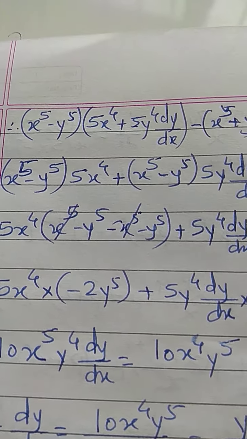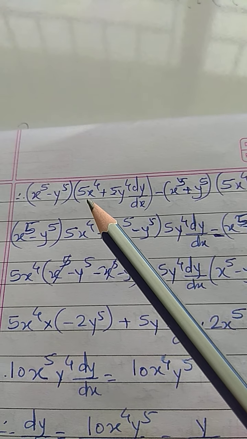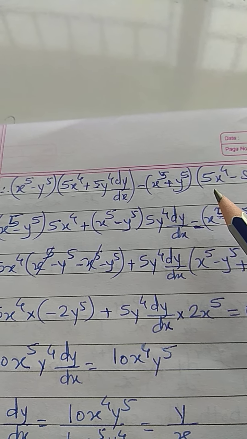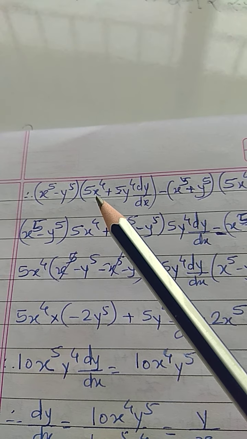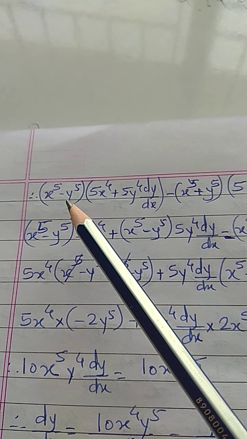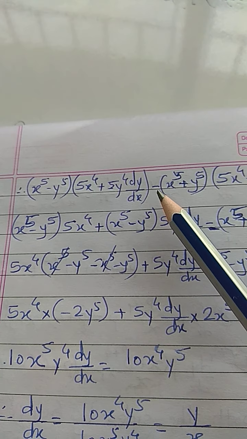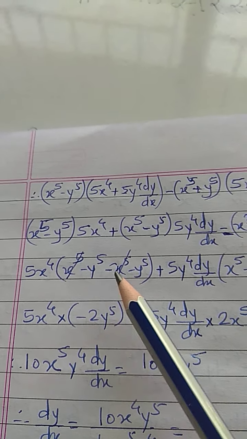Directly also you can do it. How you can do it directly? See here, this 5x^4 and this 5x^4, these are the terms without dy/dx. So we can take out 5x^4 common from this (x^5 − y^5) minus this (x^5 + y^5).